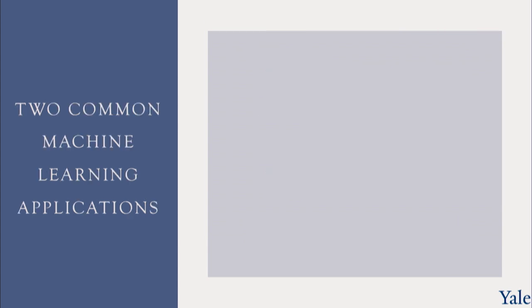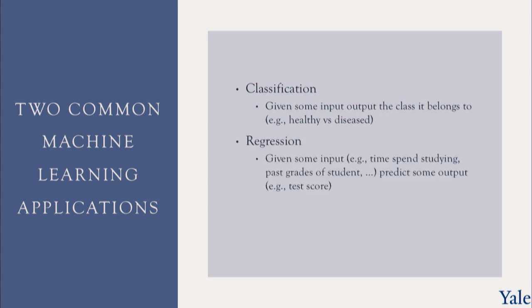The two most common machine learning applications are classification: given some input, we output the class it belongs to, for example, healthy versus diseased, cancer versus non-cancer, something discrete. And then regression: given some input, for example, time spent studying and past grades of a student, we predict some output, perhaps the test score. Regression is a continuous function, and really one is categorical and the other is continuous.